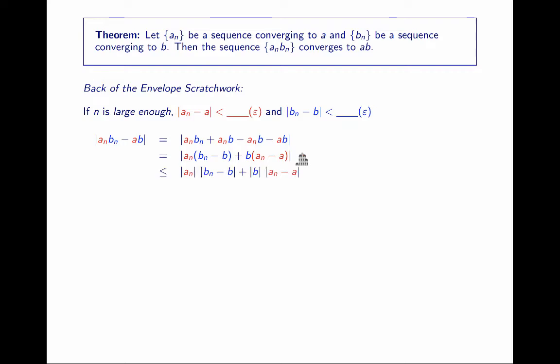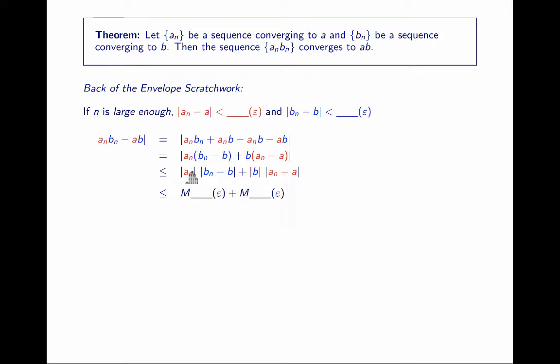Now I can use my triangle inequality and the fact that I can factor out coefficients under an absolute value. So here I have an upper bound. How small is this? Well, as small as I need it to be. b is some number, so its absolute value is bounded by some number.